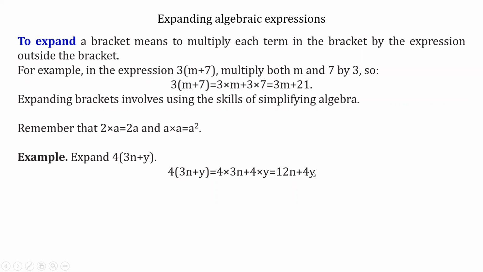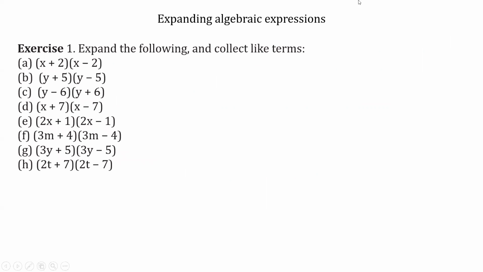Here 12 and 4 are coefficients, n and i are the variables. In this algebraic expression, we do not have constants. So as an example, we can expand the following expressions and collect like terms.